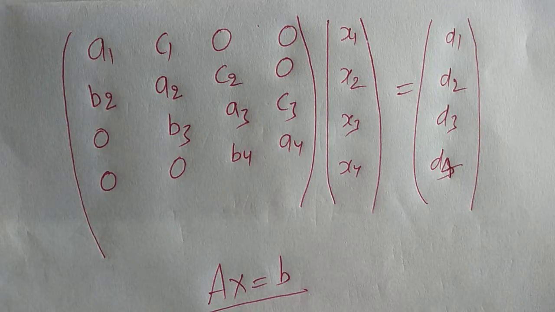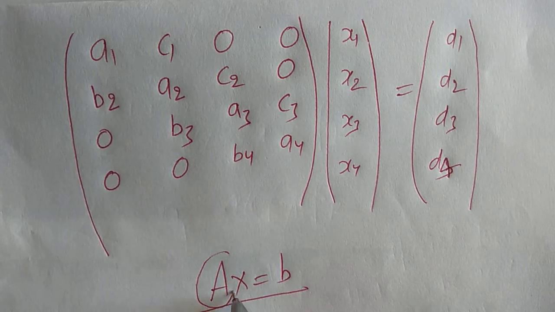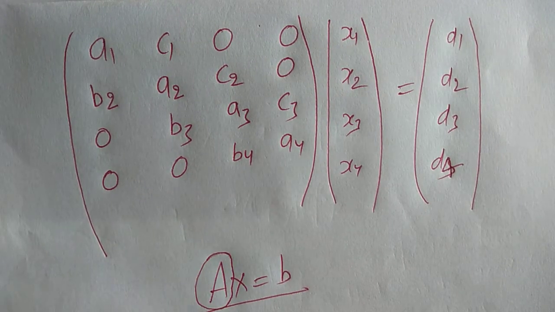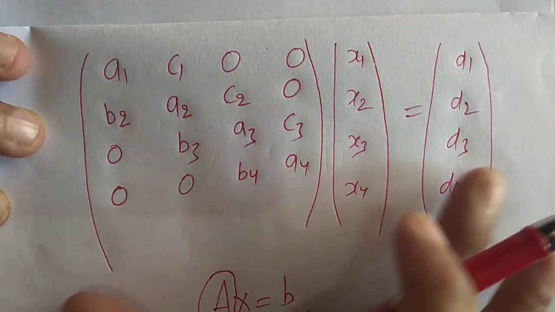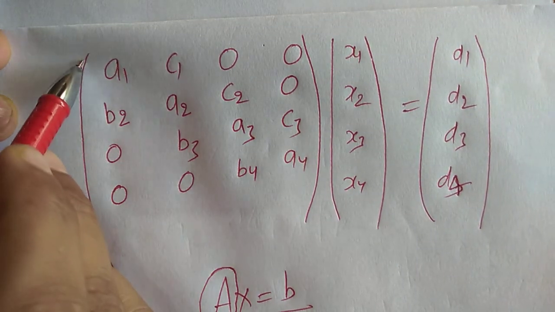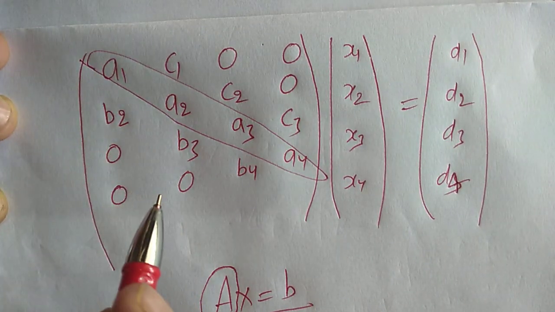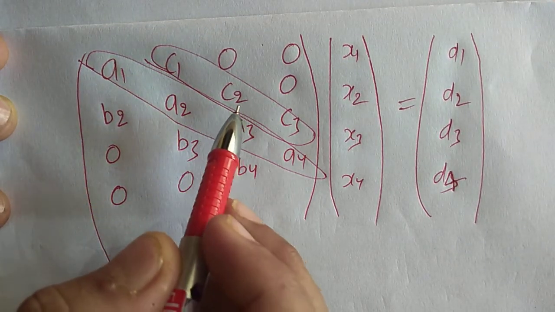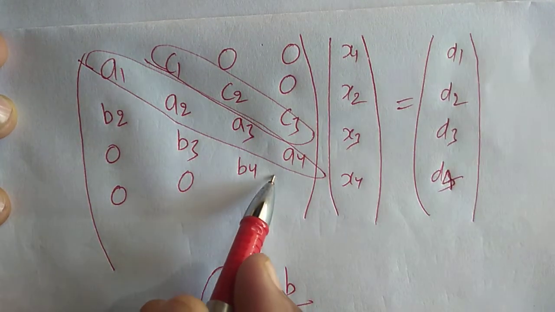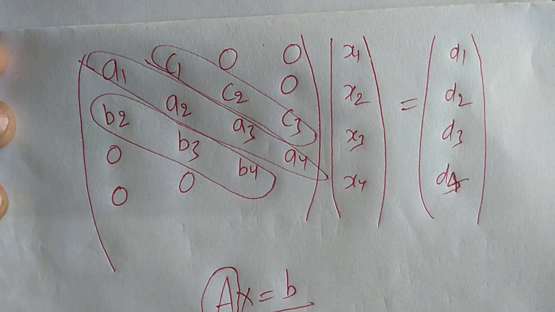This is one special type of system of linear equations in which the coefficient matrix is a tridiagonal matrix. Tridiagonal matrix means the matrix which has three diagonals. If you see this system of equations, we have the main diagonal elements a1, a2, a3, a4, and this is called the upper diagonal, also called the super diagonal, and this is the lower diagonal, and the rest of the entries will be 0.